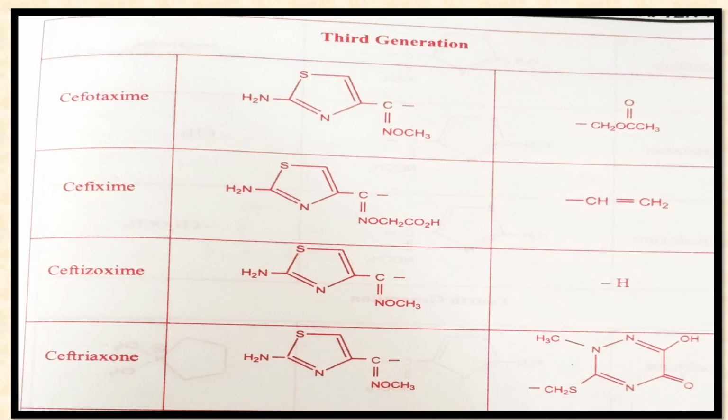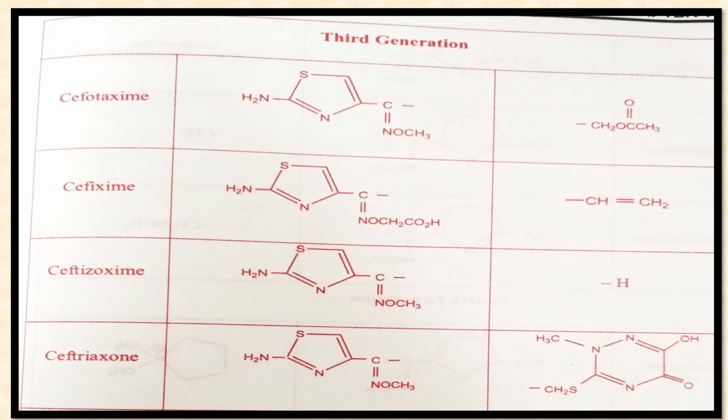Third generation cephalosporins: if you examine the structures, all of them contain an aminothiazole nucleus. At the second position of the thiazole there is an NH2 group, and the fourth position is substituted with an imino group, C=NOCH3.